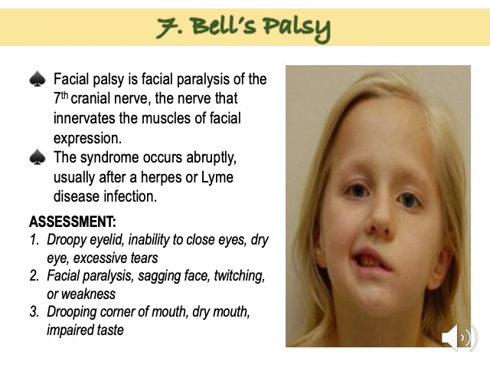For the assessment findings, please take note that all these are happening all on one side of the face. There's droopy eyelid, inability to close eyes, dry eye, or excessive tears. There's also facial paralysis, sagging face, twitching, or weakness on one side of the face. There's also drooping corner of mouth. There could be dry mouth or impaired taste.